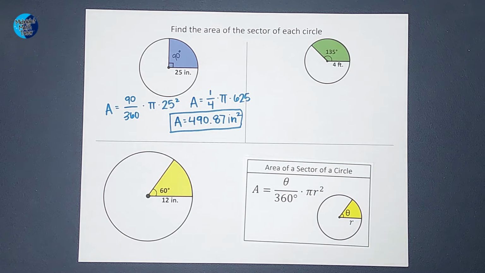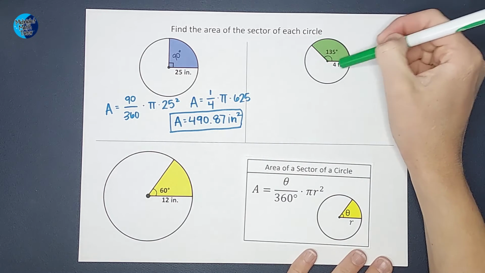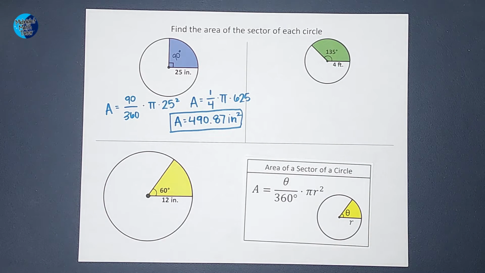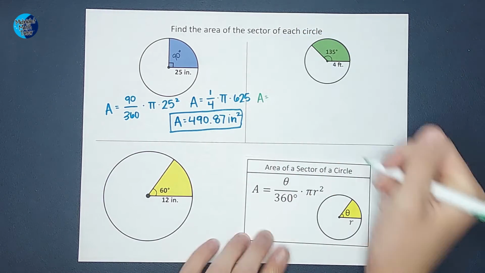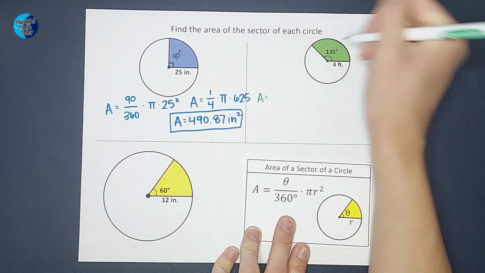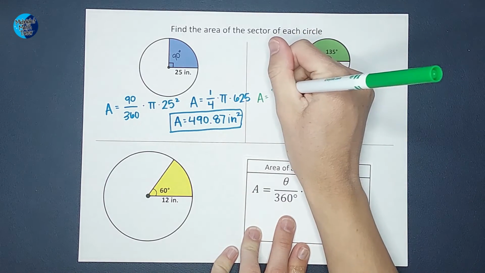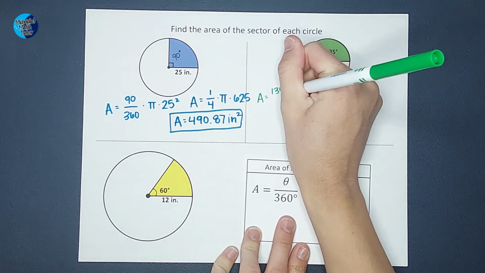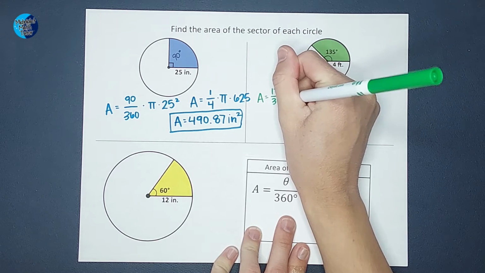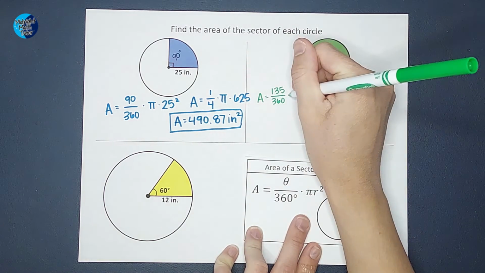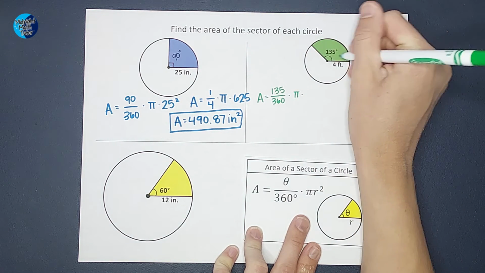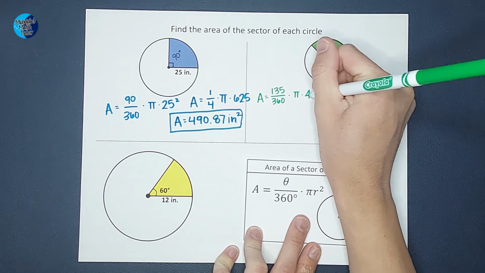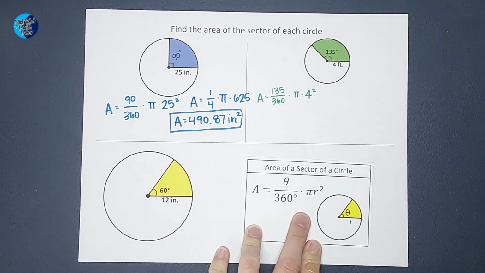All right, let's go ahead and do another one. So this one, we are looking for the area of this sector, 135 degrees. So my area of this sector is the degrees of whatever the sector is I'm trying to find, 135 divided by 360 times pi r squared. In this case, my radius is 4, and we are squaring that.